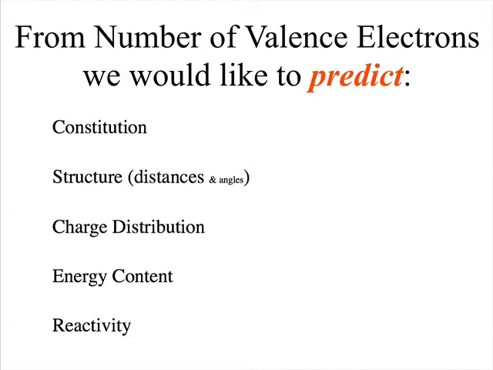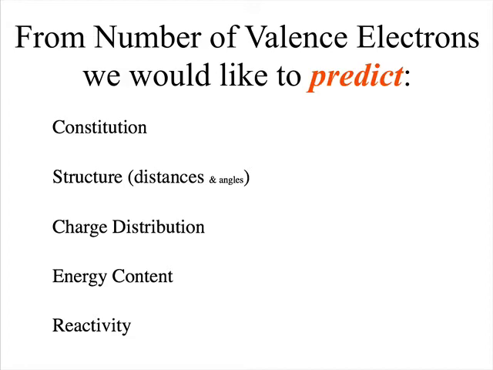Now, what do I mean by constitution? I mean how everything is connected. The fundamental skeleton of the molecule is the constitution of the molecule. Beyond constitution, once we understand how everything is connected, we'd like to know structure. So how is constitution different than structure?